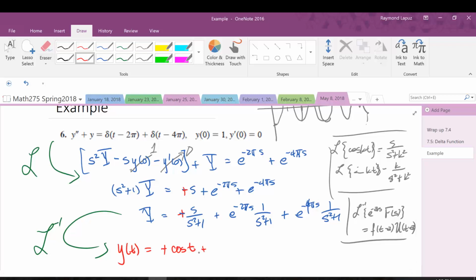So we have the cosine t, and this is the shift with a sine. So this is going to be sine of t minus 2 pi times the unit step function t minus 2 pi plus sine of t minus 4 pi times the unit step function t minus 4 pi.